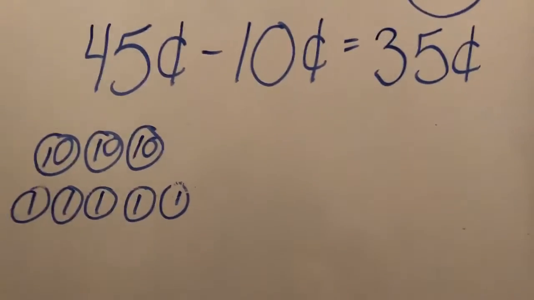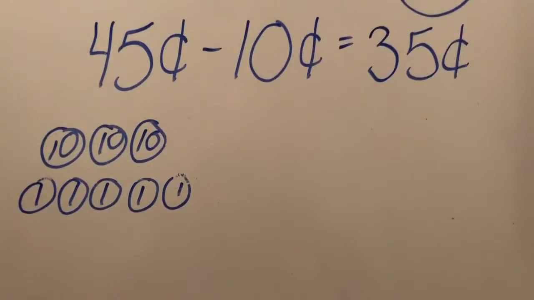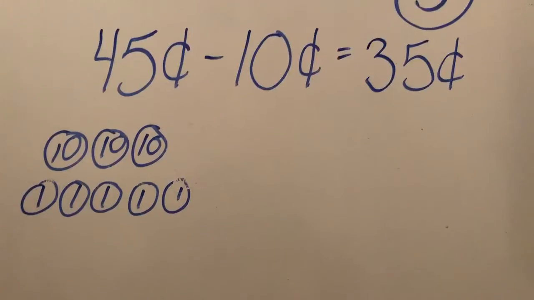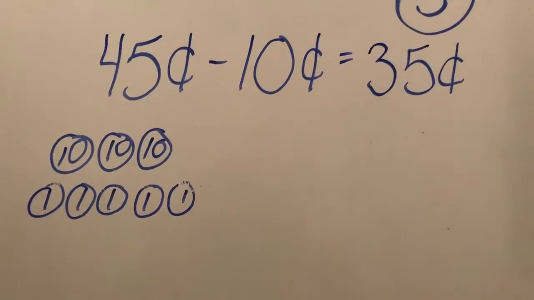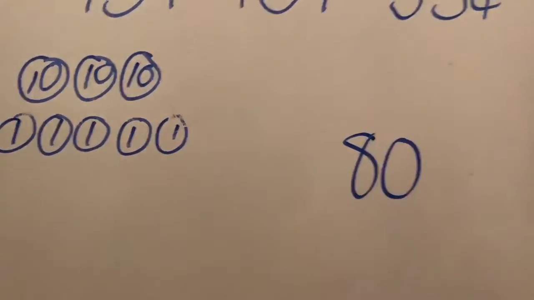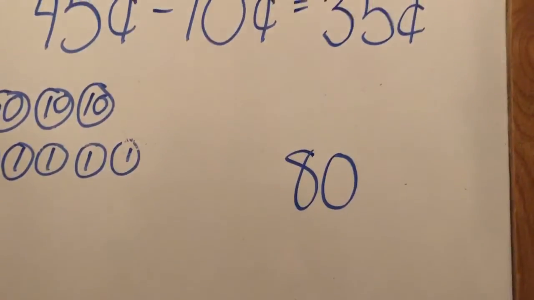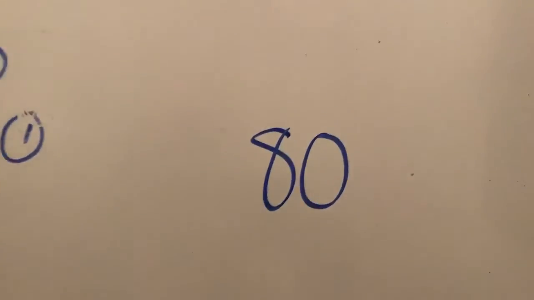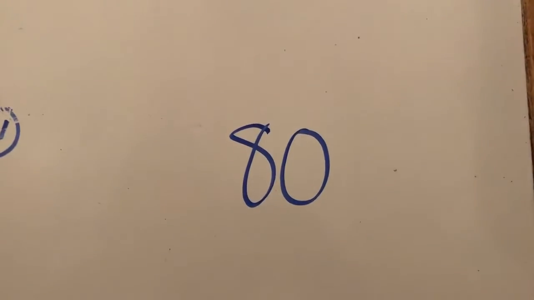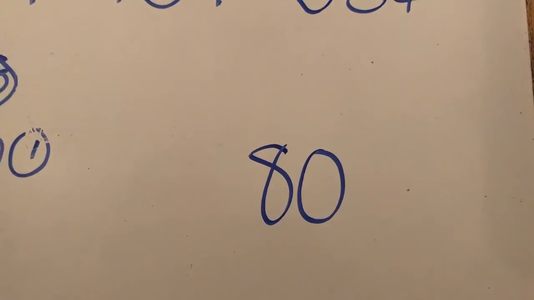I'd like for you to take out your math folder now, turn over to the back to your 100 number chart. And I would like for you to point to the number 80. Point to the number 80 on your 100 number chart. And then I would like for you to point to the number that is 10 less than 80.